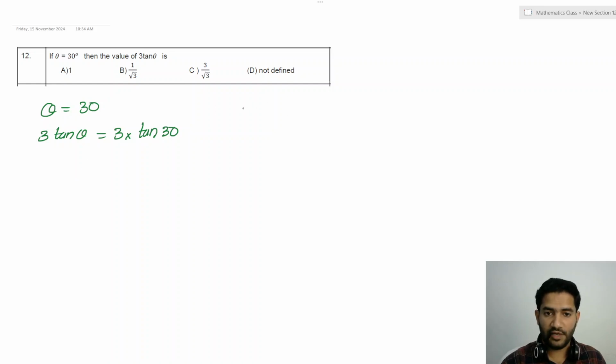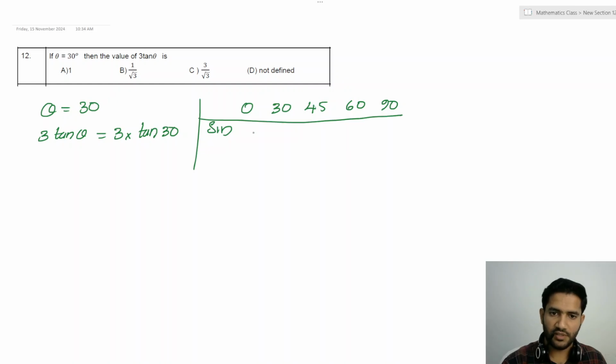How can we find the values of tan 30, tan 60, tan 0, tan 90? Here we have 0, 30 degrees, 45 degrees, 60 degrees, 90 degrees. We have a simple method.